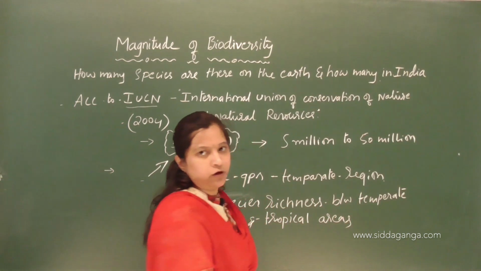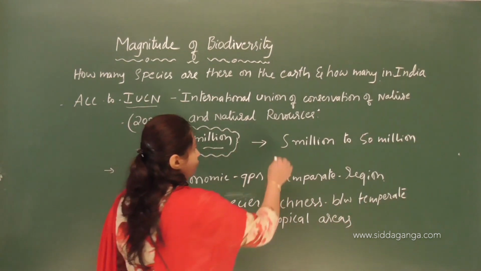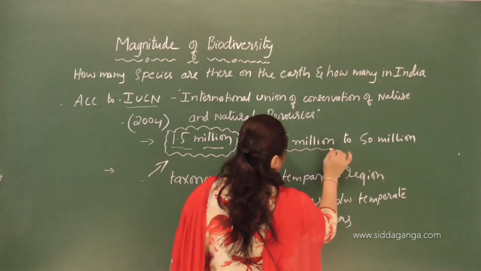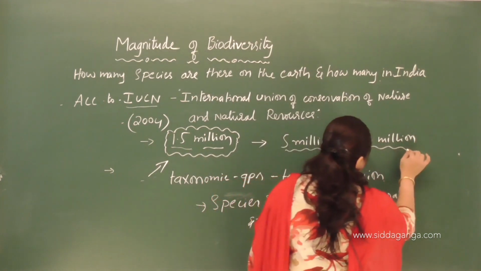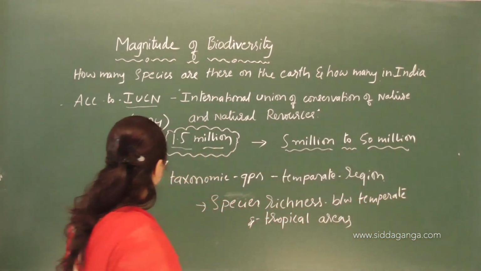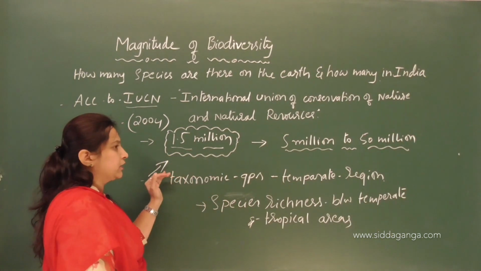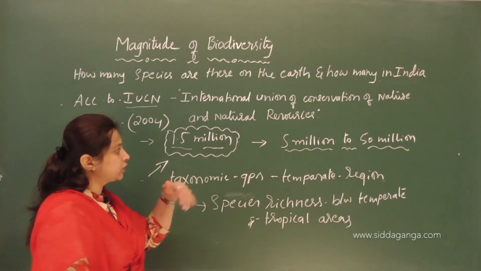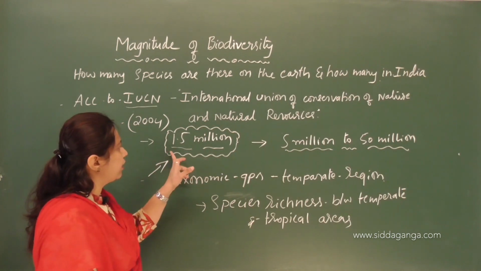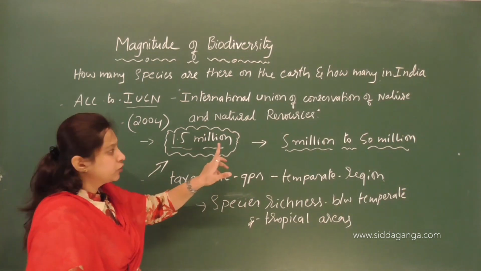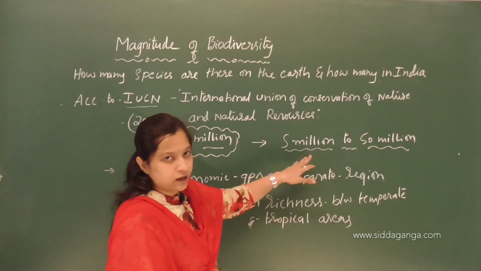This was the number estimated by some of the scientists and taxonomists. But according to IUCN, the number of known species, the species which have already been discovered and described, is 1.5 million.